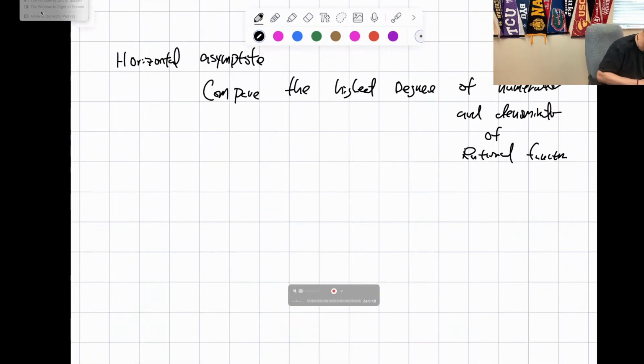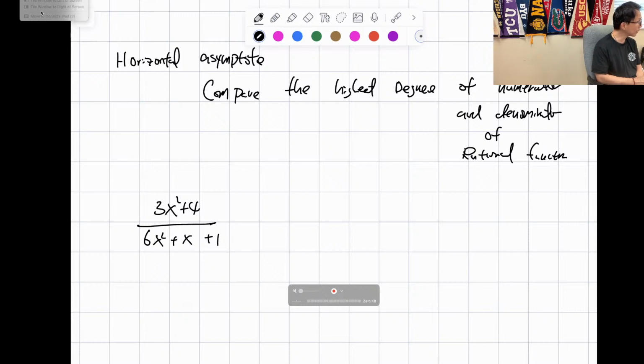Let's just say I have 3x squared plus 4 over 6x squared plus x plus 1. In this case, do they have the same degree? The highest degree is the same, right? If they are the same degree, then you look at the coefficients.